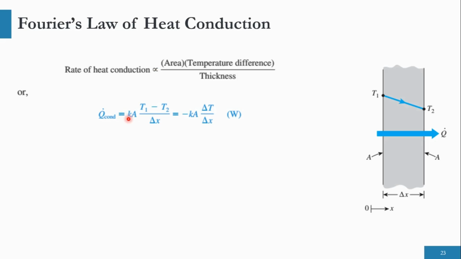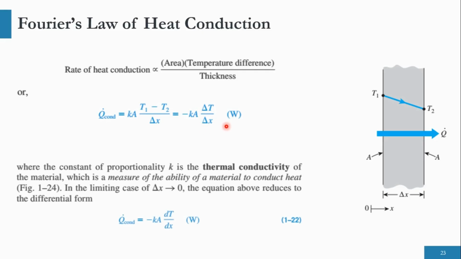Accordingly, we usually write the temperature difference as T2 minus T1. So once we rewrite this equation as T2 minus T1 and convert it to delta T, there will be a negative sign here. So that is equal to minus K A delta T over delta X, and the unit is watt. With the constant of proportionality, K is the thermal conductivity, and it is the measure of the ability of a material to conduct heat.